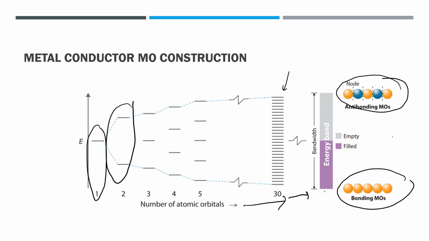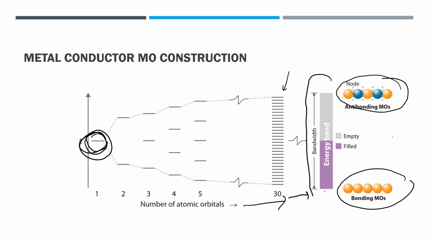But there's a few things I want you to notice from this diagram. If we look at the energy of the original atomic orbital, which is right here where we have just one atomic orbital, that's the original atomic orbital that I'm starting with, right? And then I look at this band. The center of my energy band is going to be equal to the energy of my original atomic orbital, right?